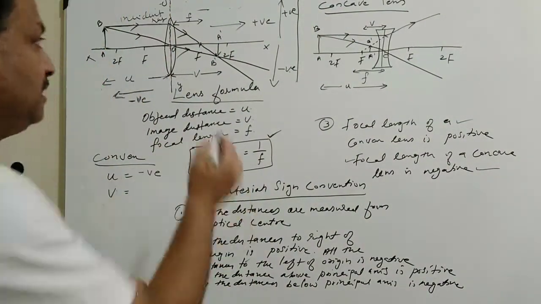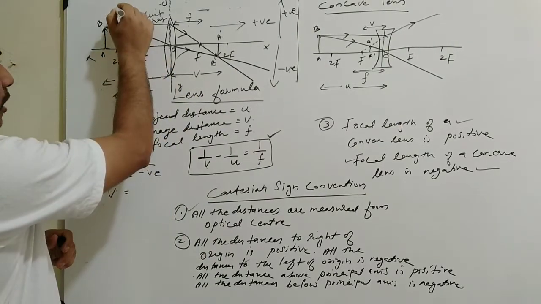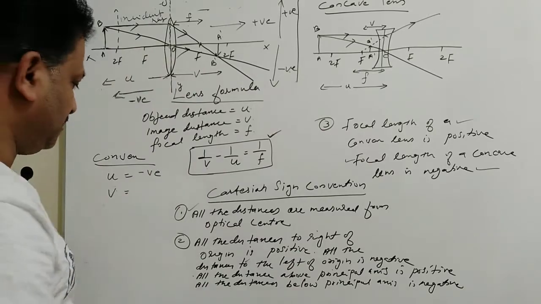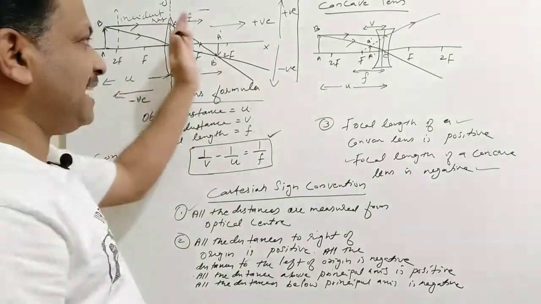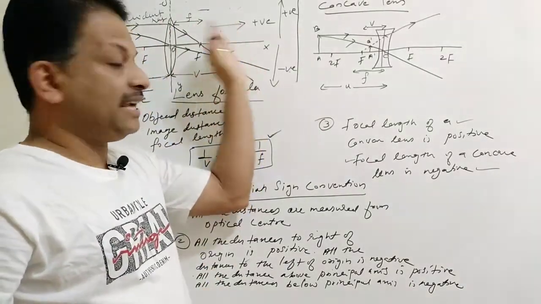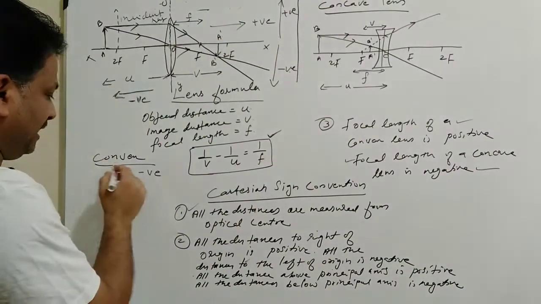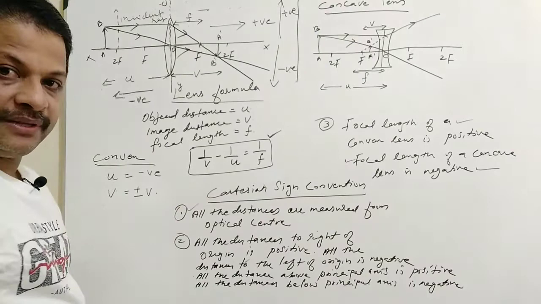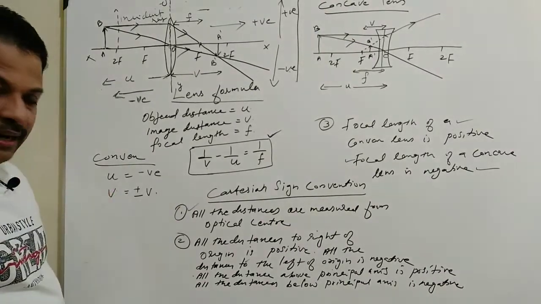In that case, the image will be somewhat here, right? So image distance will be negative. Except for all these cases, the image distances are taken as positive. So remember, in case of convex lens, image distance can be positive or negative.